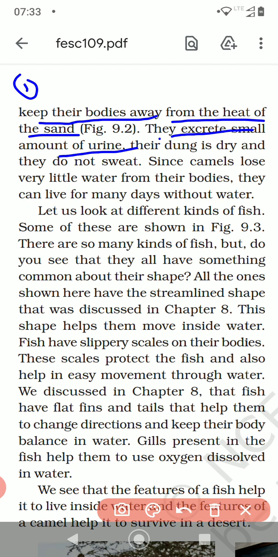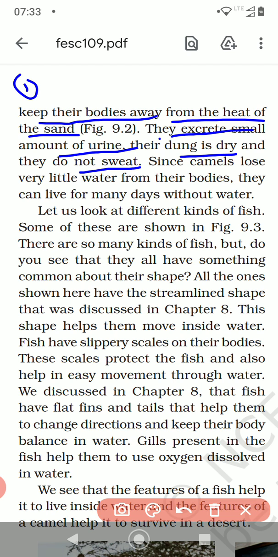Why? Because there is very little water available. Also their dung is dry and they do not sweat. This is the adaptation.